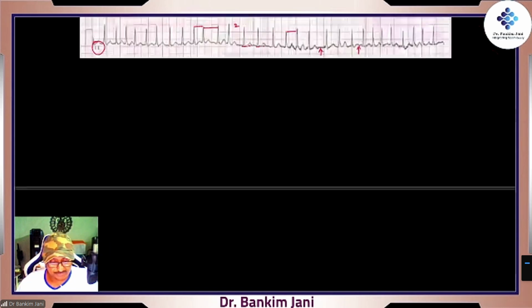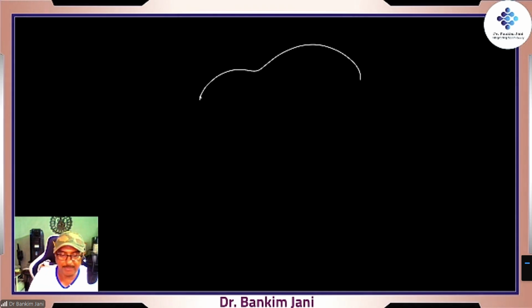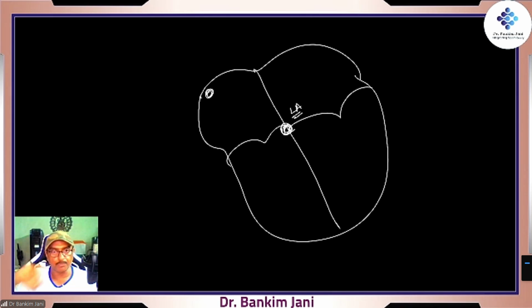So why should this strange phenomenon occur? Coming back to the same heart. This is the left atrium. That's the SA node. Here is the AV node, and then the whole process goes.